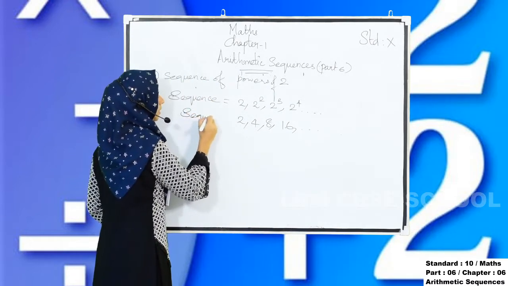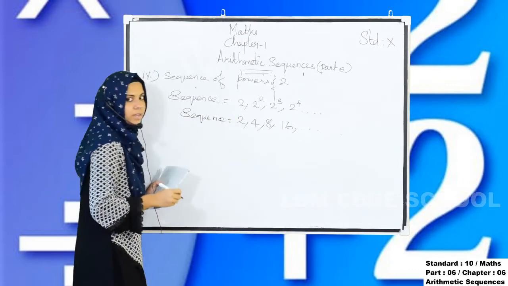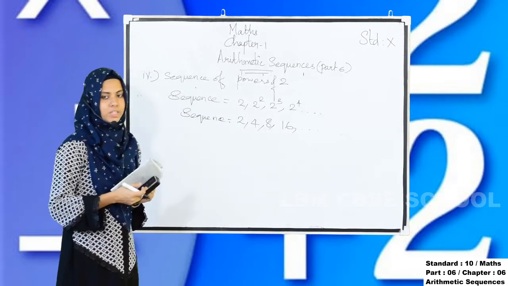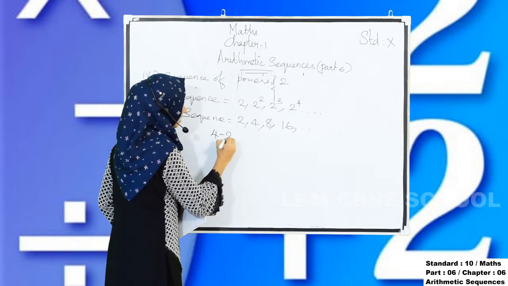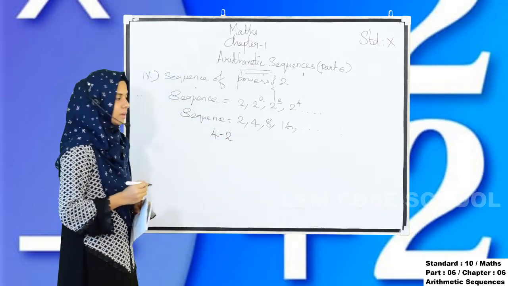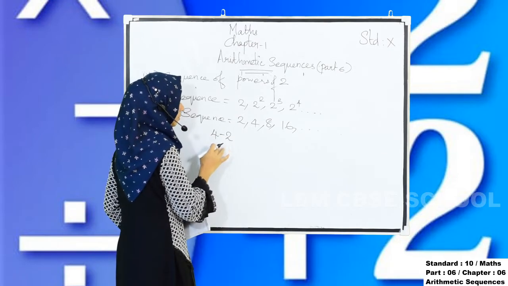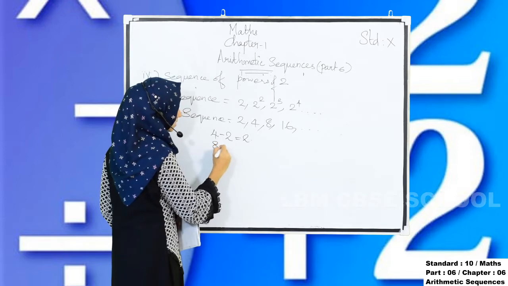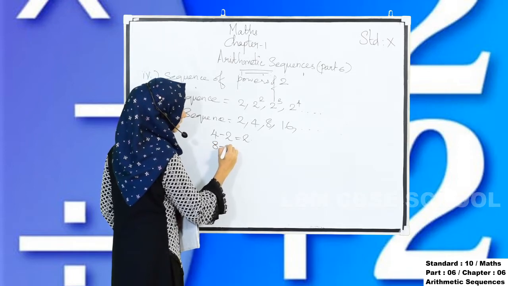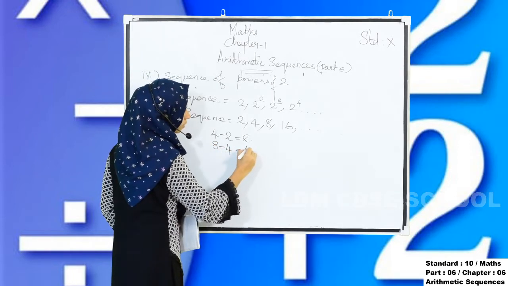Then we have to check whether this is an arithmetic sequence or not. So for that we subtract the first term from the second term. We got 2. Then third term minus second term, we got 4.